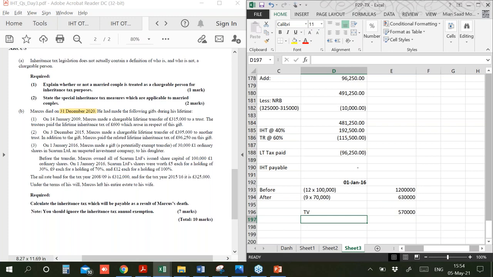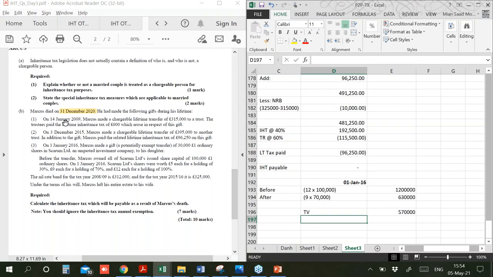Now, as the gift has happened immediately after the one that has utilized all of the nil rate band, do you think there will be any nil rate band left for this share gift? Tell me yes or no. Because now if you look back 7 years, there are two transfers that have used the nil rate band.